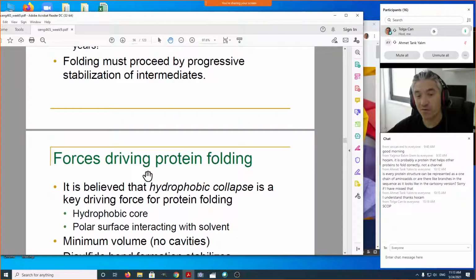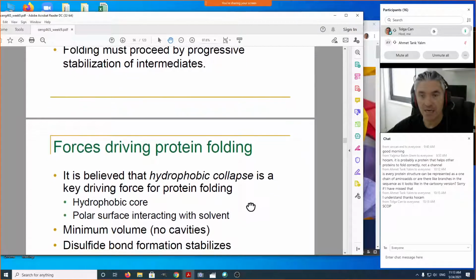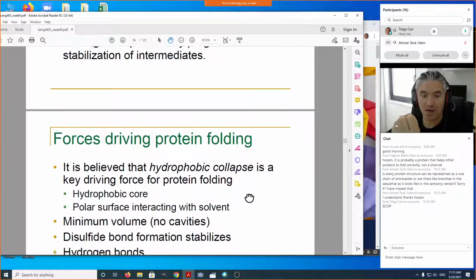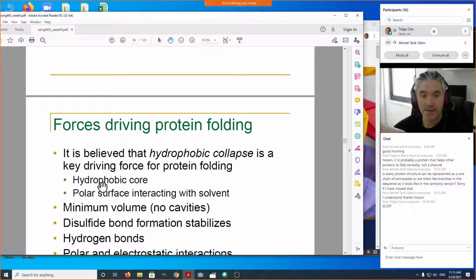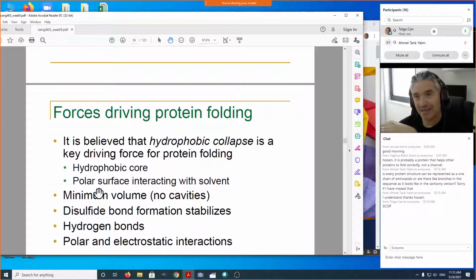So there are different physical forces that drive protein folding. The hydrophobic collapse: amino acids that don't want to be near water, that don't want to be on the surface, collapse together to form the hydrophobic core, and the ones that want to be near water form the surface. So this is one force that is believed to shape the protein.